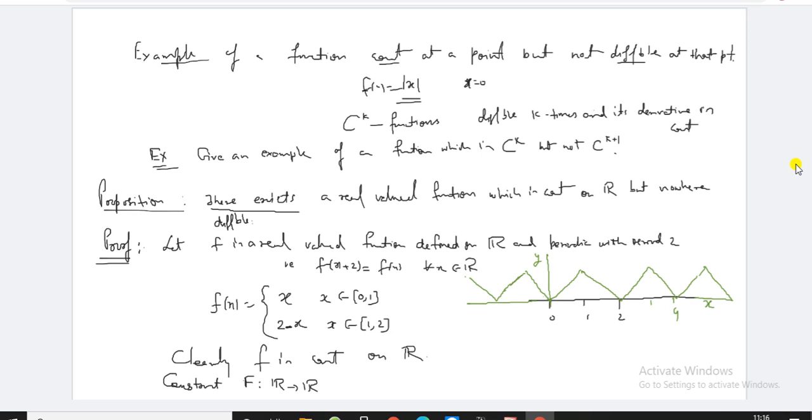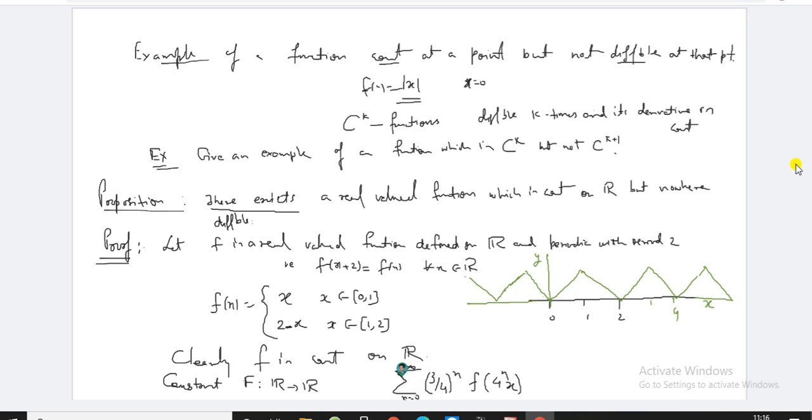In fact, before the definition, let us consider this infinite series: the sum of (3/4)^n f(4^n x), where n varies from 0 to infinity.